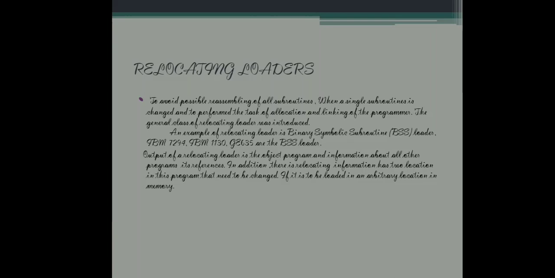We have a transfer vector and relocation bits. In these relocating loaders, allocation, linking, relocation and loading are used. The advantage is the subroutine can be handled efficiently.